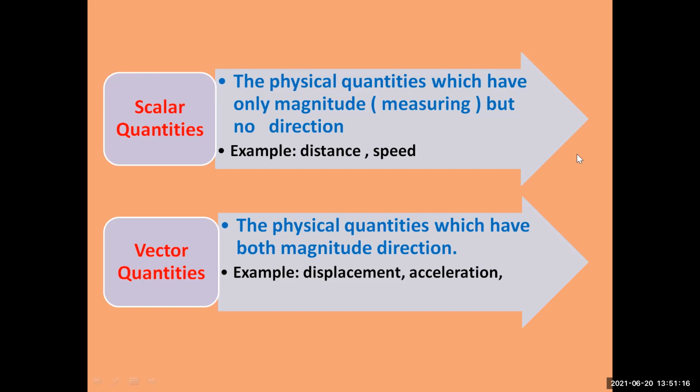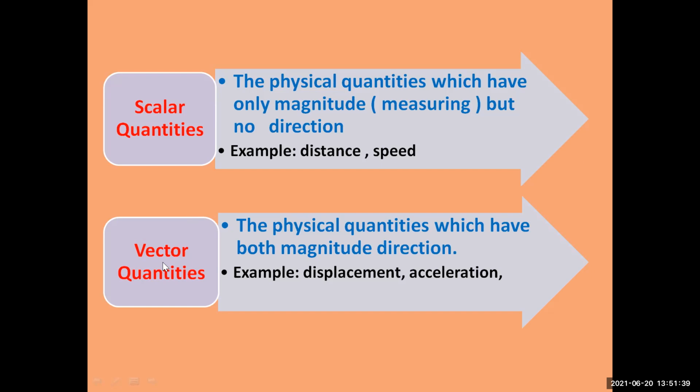So such quantities where we have only magnitude are called scalar quantities. For example, distance, speed, time. There are some other scalar quantities. When we come across the chapter, we'll get more clarity about scalar quantities.